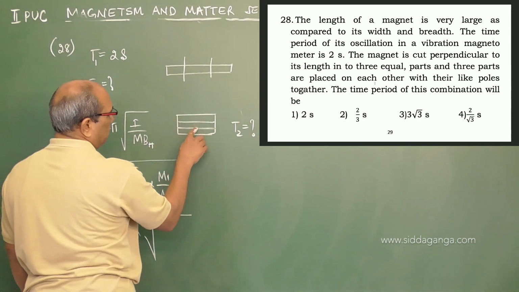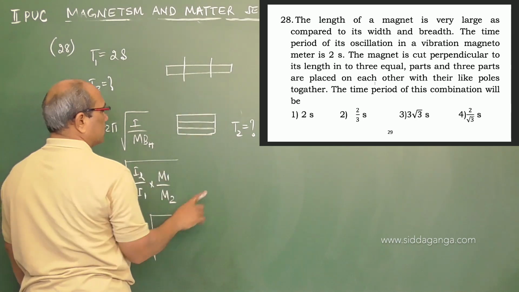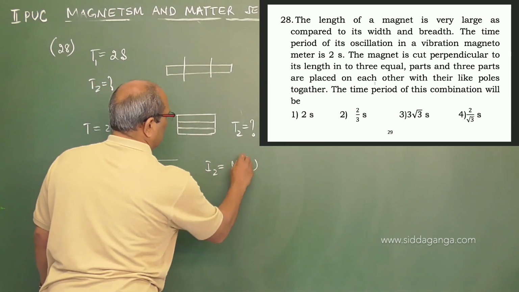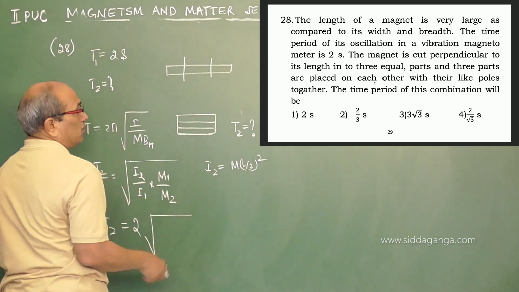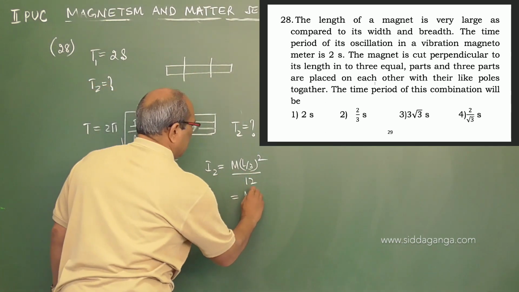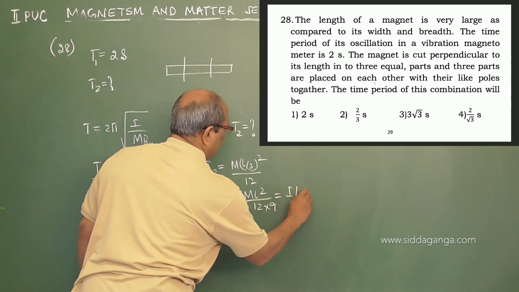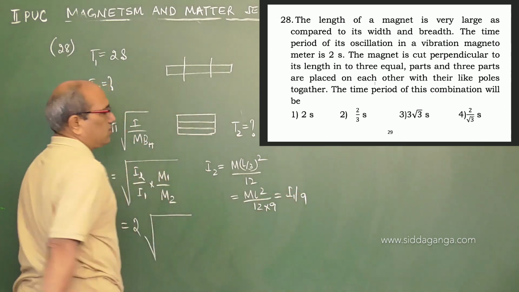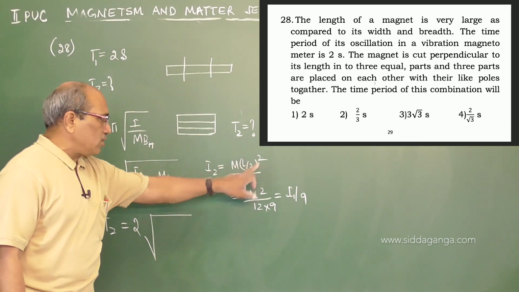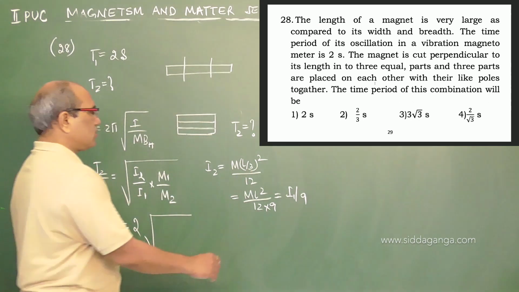In these 3 parts the mass remains the same, length decreased to 1/3. Therefore, I2 is equal to M into L by 3 whole square by 12, cut into 3 parts, mass remains same. This I can write as M L square by 12 into 9, that is I1 by 9. ML square by 12 is earlier, now ML by 3 whole square by 12, this becomes 3 square, which is 9.